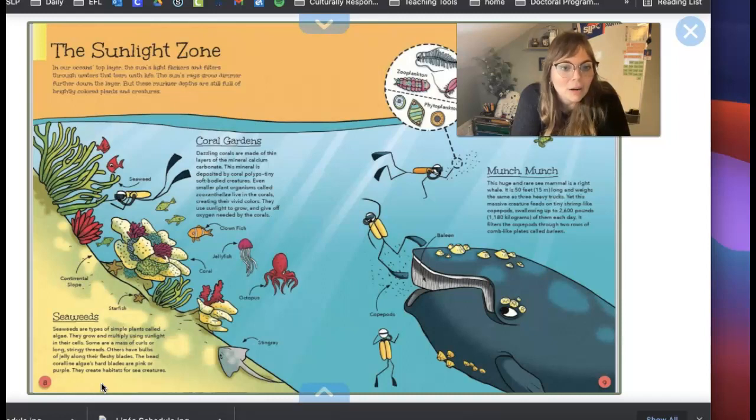Coralline algae's hard blades are pink or purple. They create habitats for sea creatures. I'm noticing some fish near the seaweed in this picture. Why do you think the fish enjoy living in seaweed as their habitat? What do you think it provides them?